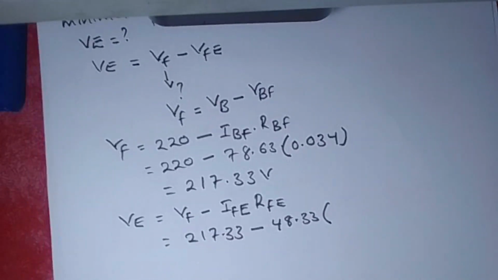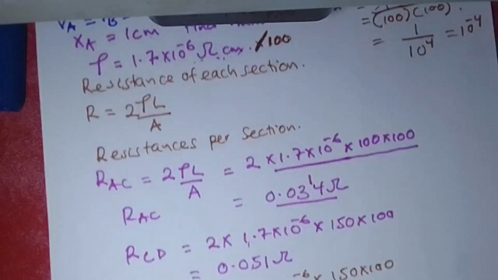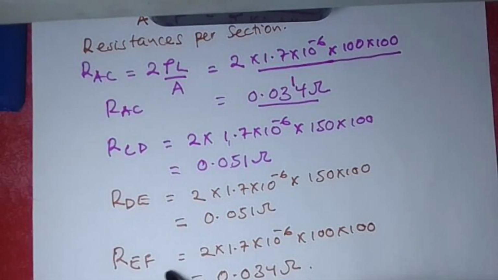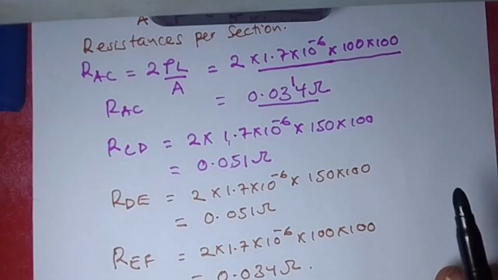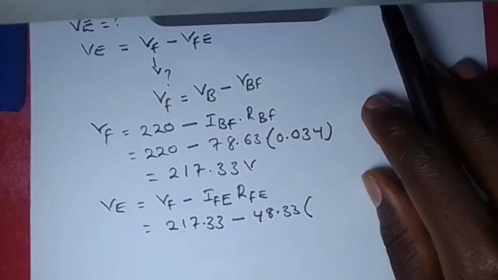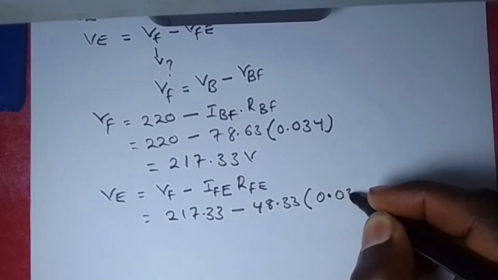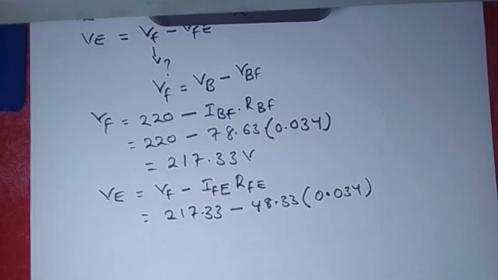Now our RFE, we calculated it earlier on, which gave us this particular value, which was equal to 0.034. So therefore, we substitute for that value of 0.034 and we calculate.